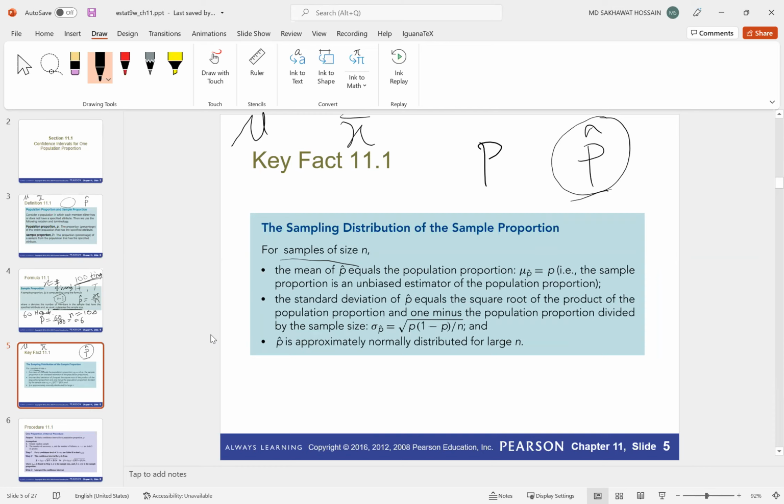For example, to know the distribution of X bar, we calculated mu X bar, the mean of X bar, and we also calculated sigma X bar, the standard deviation of X bar. Similarly, to know the distribution of P hat, we need to calculate mu P hat, the mean of P hat, which is the population proportion P.